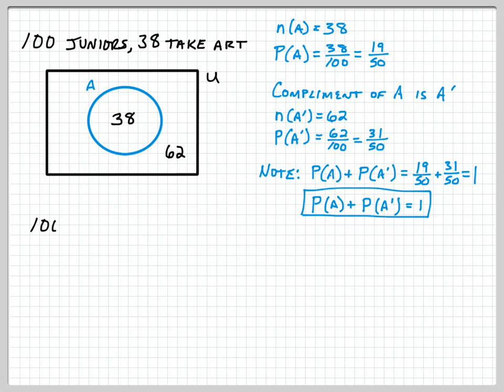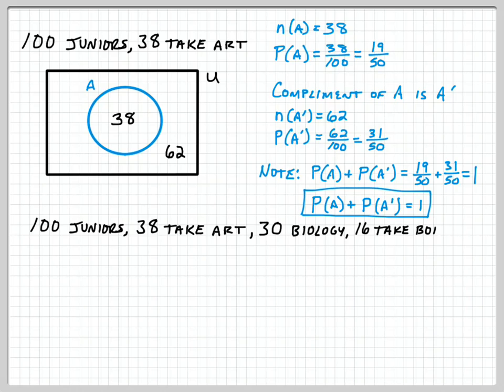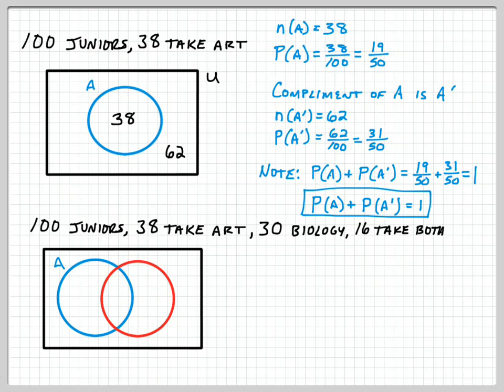All right, so let's expand on this scenario a little bit, and we'll take into consideration not just students taking art, but students taking biology and some students who are taking both subjects. All right, so now because we've got two subjects that we're going to talk about, we're going to have two circles. We'll have one that represents art and one that represents biology.